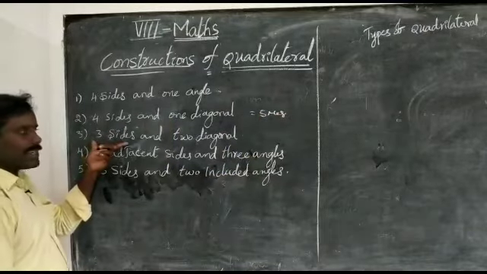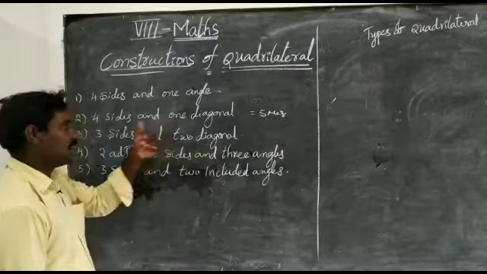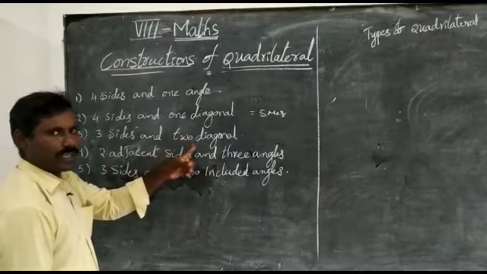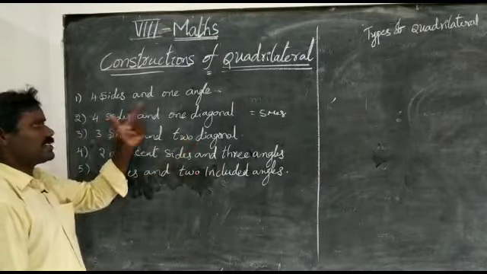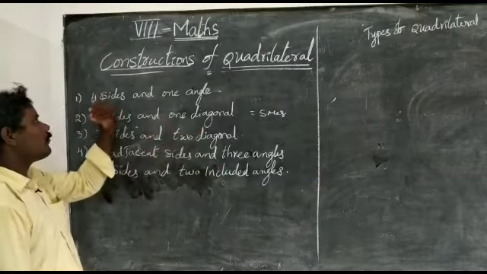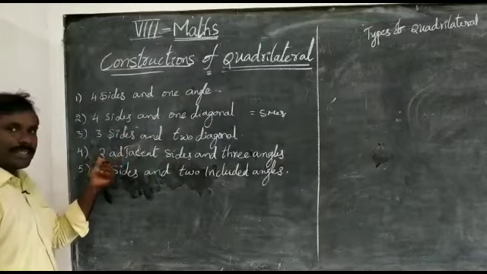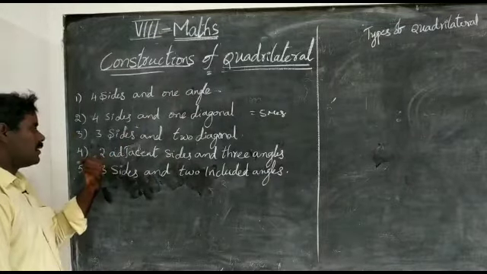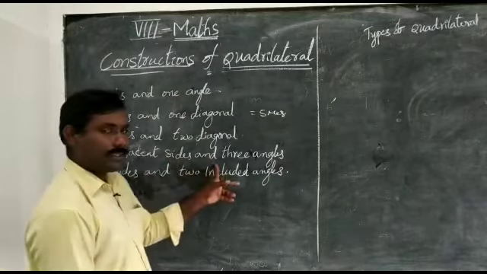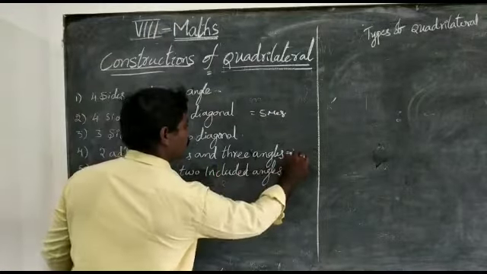And 3 sides, 2 diagonals. 3 sides, 2 diagonals, or 4 sides, 1 diagonal, or 4 sides, 1 angle. And here 2 adjacent sides and 3 angles. Here also 5 measurements.